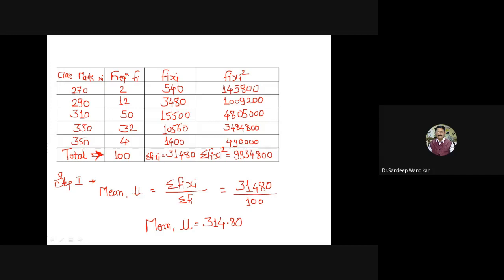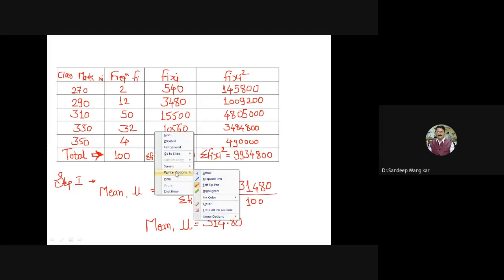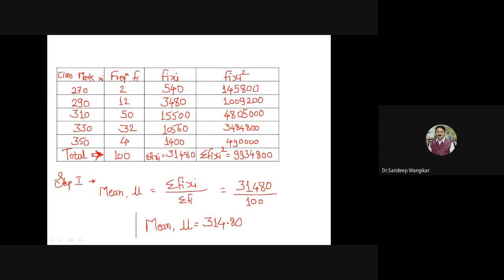You can give the unit also, whatever these are: the ultimate tensile strength in Newton per mm square. So you can give the unit also as Newton per mm square, no problem. I will highlight the answer. This is the mean. Let us proceed further, friends.